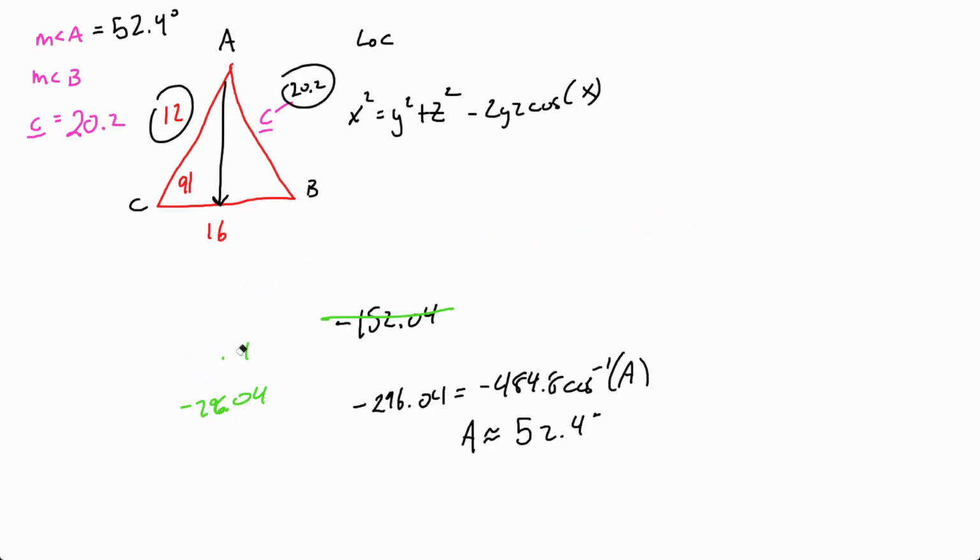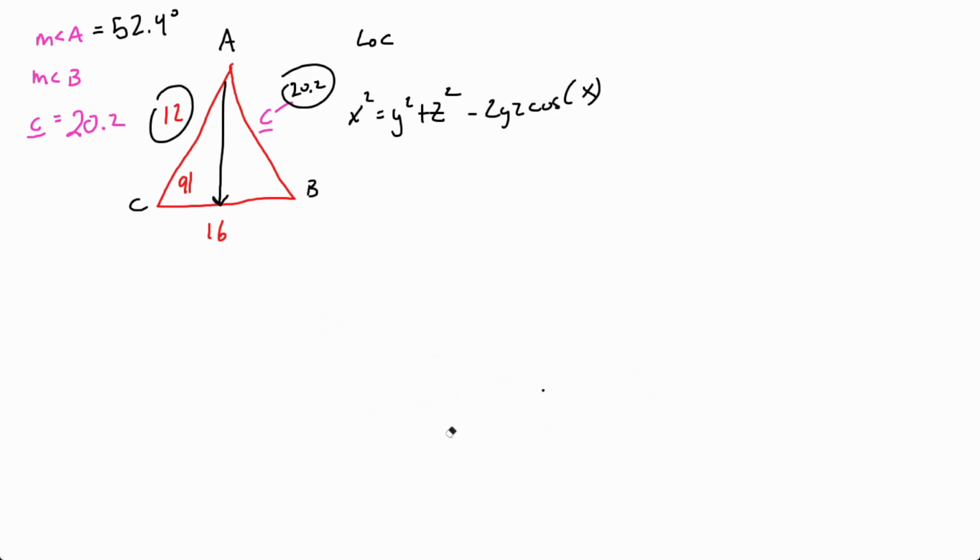So B should be, well, there has to be enough information for B now, right? One thing to start thinking ahead of is we did have to round right here. We didn't have to, but for the sake of our sanity, we chose to round. So when we add up our angles, we may be really close to 180, but there is going to have to be some margin of error due to the rounding here of 20.2. But now I'm looking for B, and I have its opposite side.